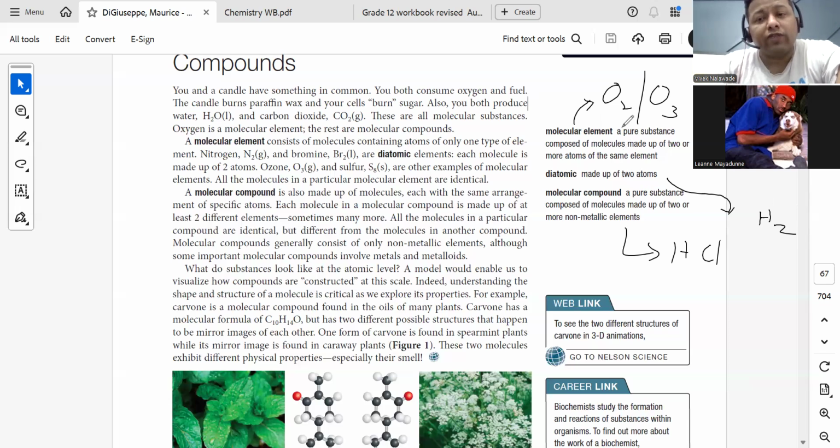We can also call it a molecular element. Another example is HCl. Even that is diatomic, but it is a molecular compound because there are two different elements in the molecule. That makes sense.